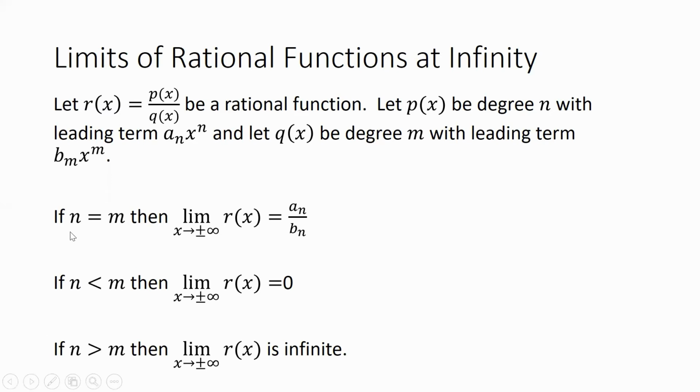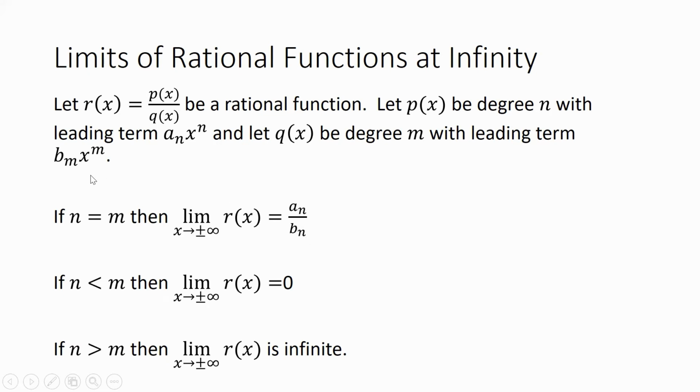If they are of the same degree, then the limit of the rational function is going to be given by the leading term's coefficients, namely the coefficient a sub n divided by the coefficient b sub n.